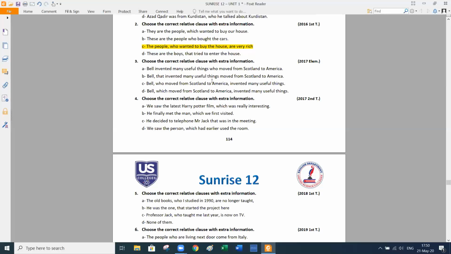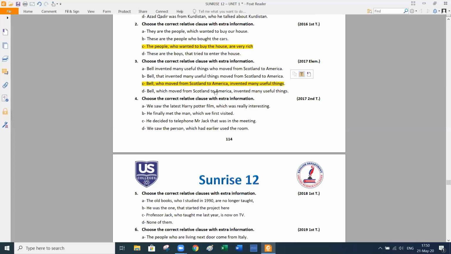There is a second mistake here. That invented many useful things, comma, moved from Scotland to America. C: Bell, comma, who moved from Scotland to America, comma, invented many useful things. That's what I said in the previous choice. This is correct.